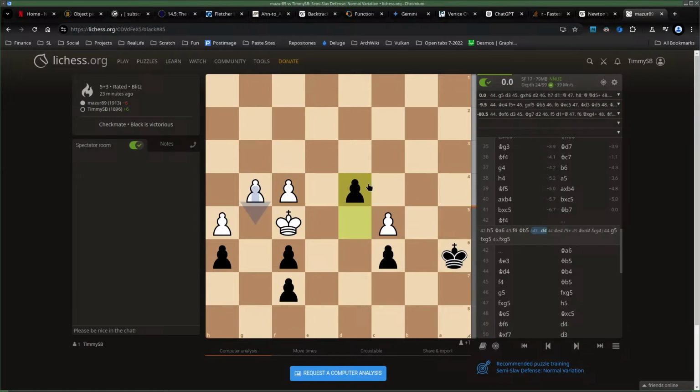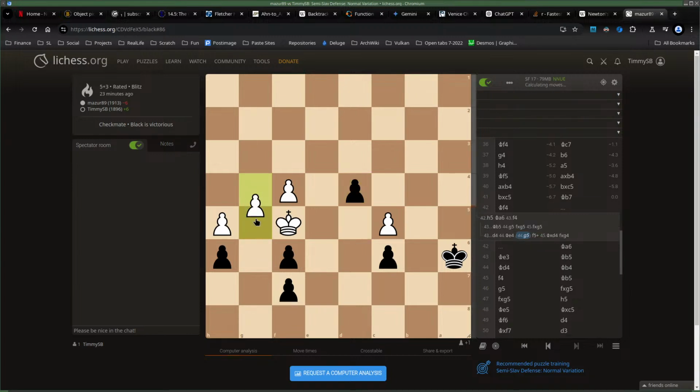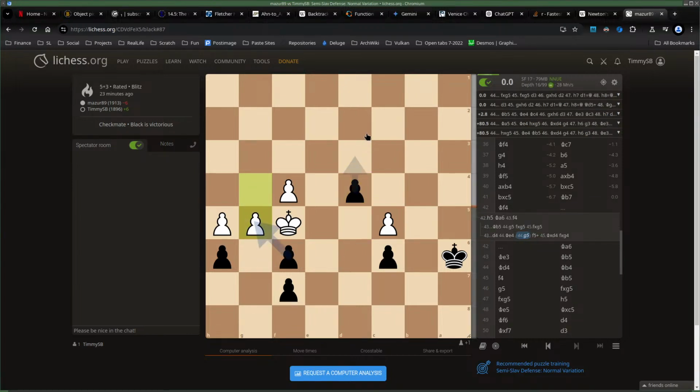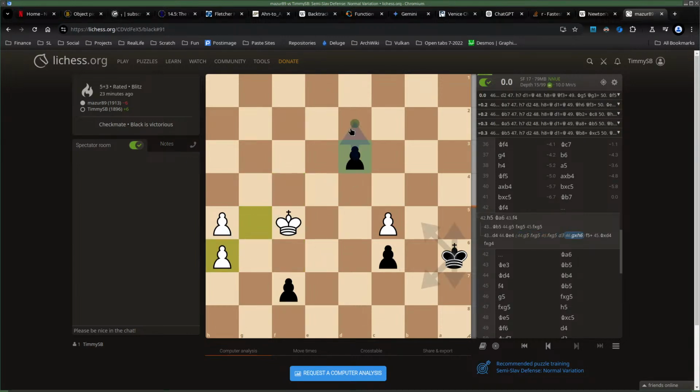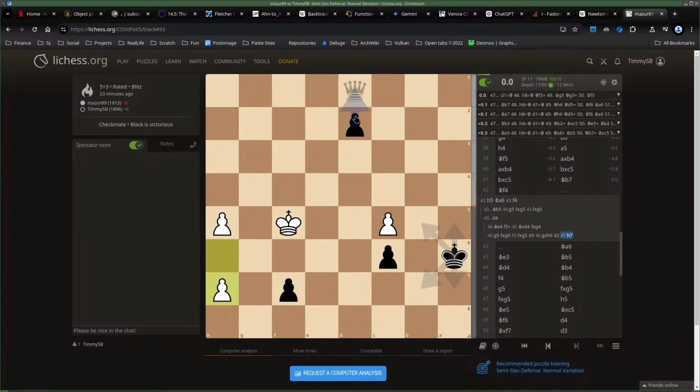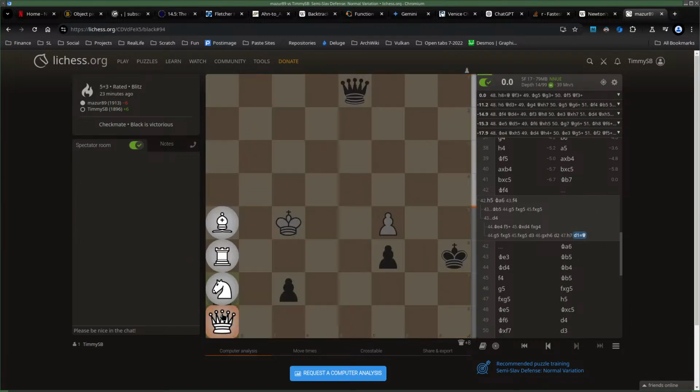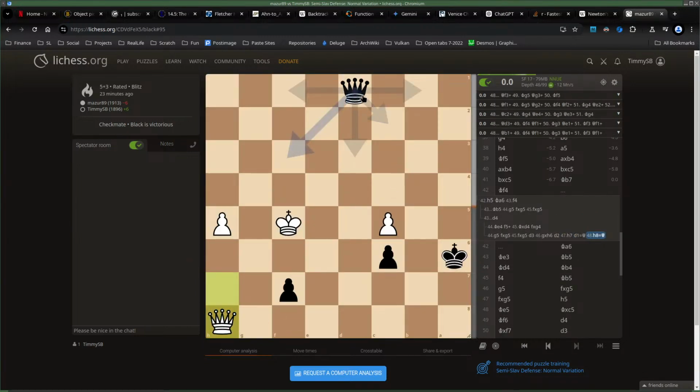Wait a minute. So if he does this, and then white can keep it a draw by doing that. So it still breaks. I take, he takes, and then I'm just in time to promote even first. And then it's probably infinite check or something.